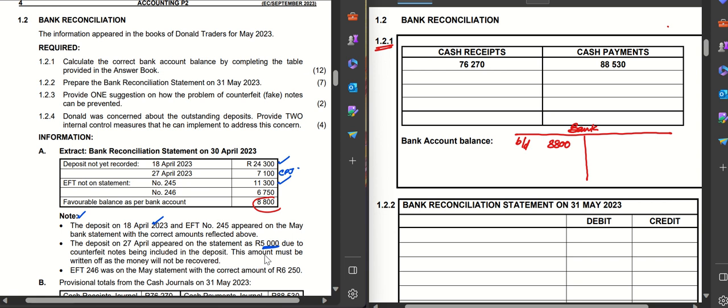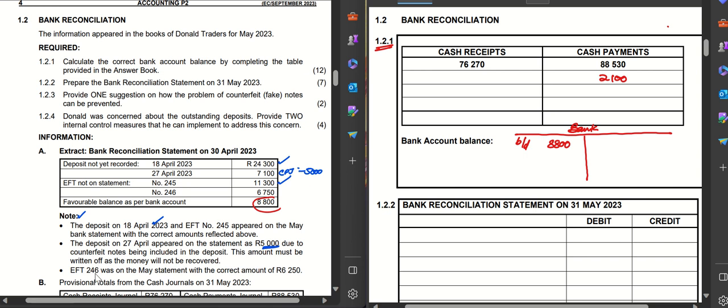They were counterfeit. So that means the amount in the CRJ is more. To correct that, we record the difference between 7,100 minus the 5,000. That is 2,100. We bring it to the CPJ. So we come here in the CPJ, then we say 2,100 over there.